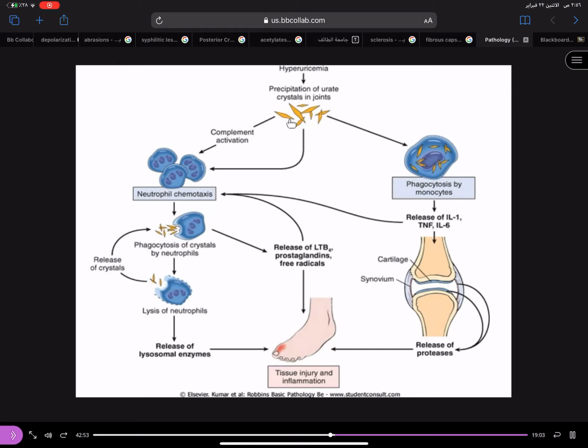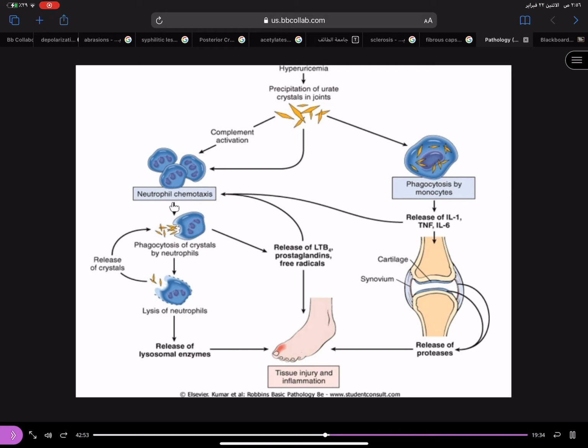These crystals are not normal in the joint, so they will lead to complement activation. The complements, which are proteins, will be activated, and inflammation will start. Neutrophil chemotaxis, what does it mean? Neutrophils will come there. As you know from previous knowledge of inflammation, whenever there is some injury, neutrophils come as a response.